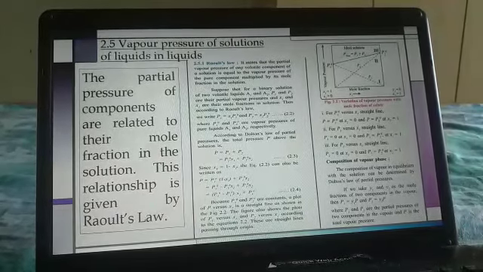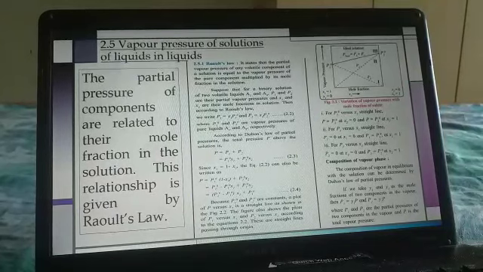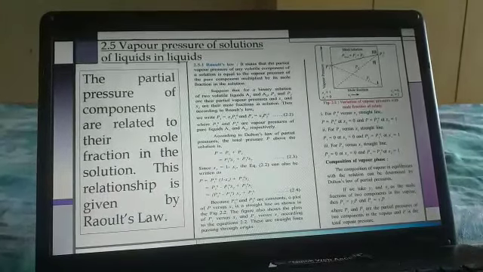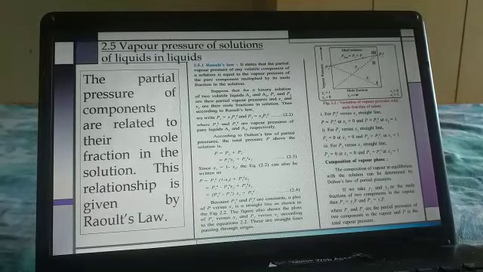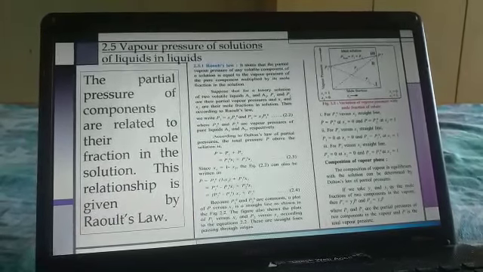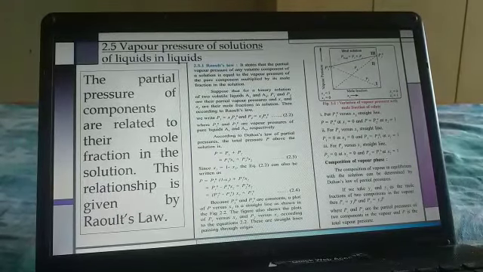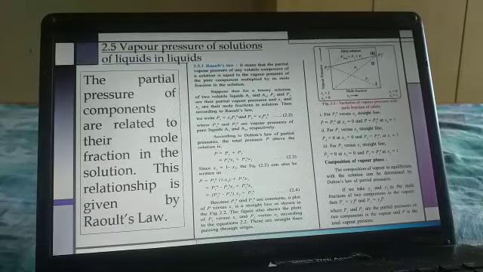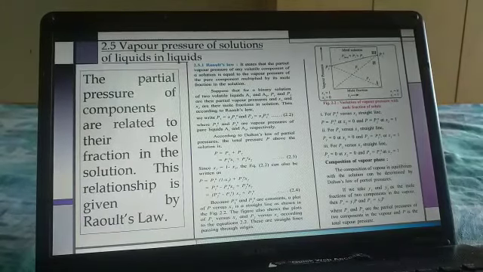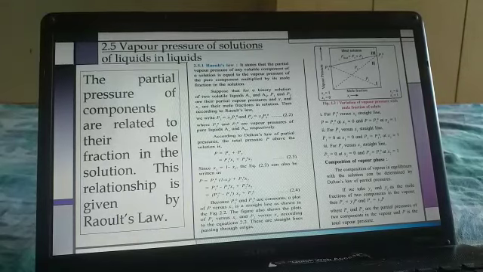Taking the common term, P is equal to (P2 naught minus P1 naught) X2 plus P1 naught. Now P1 naught and P2 naught are constants. Hence, plotting a graph of pressure versus X2 gives a straight line, as shown in the figure. The figure also shows the plots of P1 versus X1 and P2 versus X2. According to this equation we get a straight line passing through the origin.